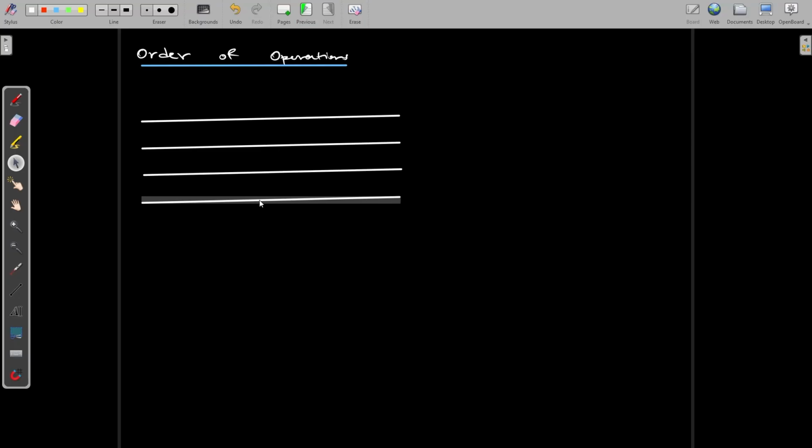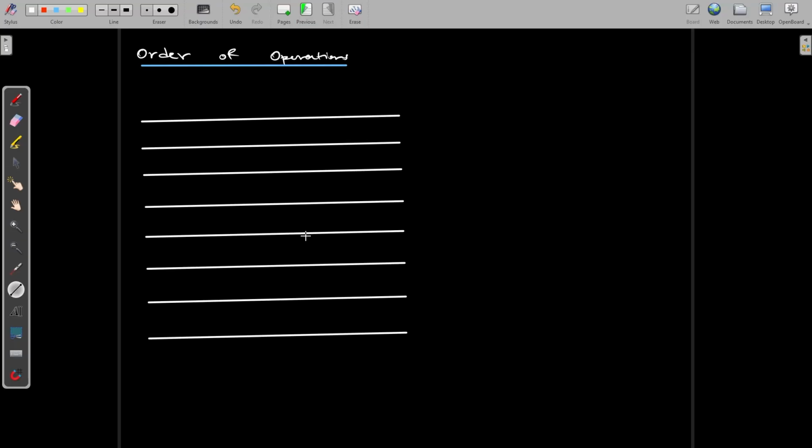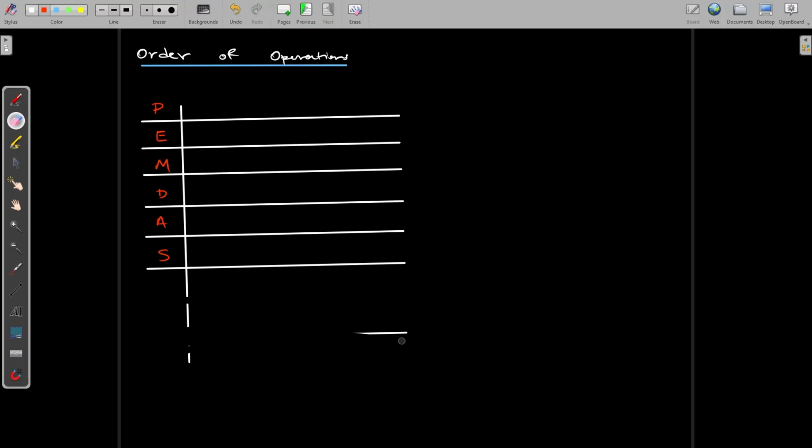Yes, sir. So the distributive law wouldn't really classify as one of these. Alright, so for the order of operations, we have PEMDAS. So this is way more than what we wanted. Alright, so it is PEMDAS.